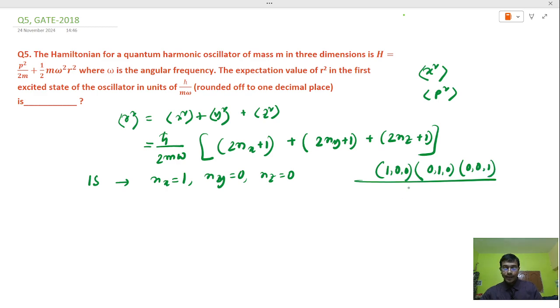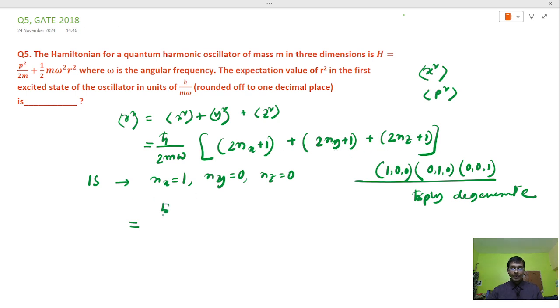This is basically triply degenerate. Basically we put this value in and got the result.